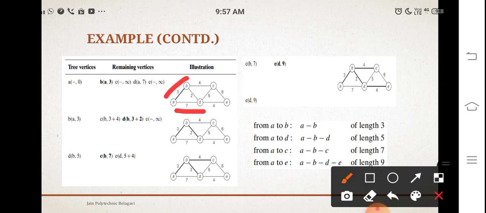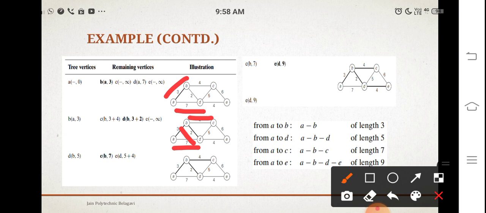So A to D is 7, then B to D is 2, then B to C is 4. So among these three, B to D is the smallest one, so we are going to select A to B, B to D, that is of length 2. So that is the next edge we are selecting.